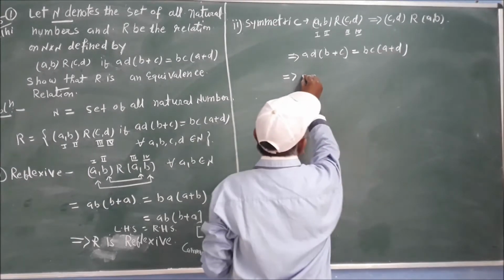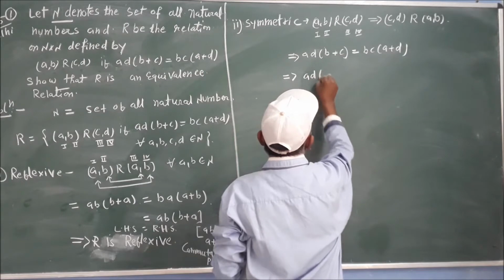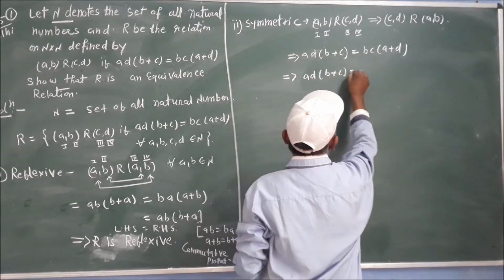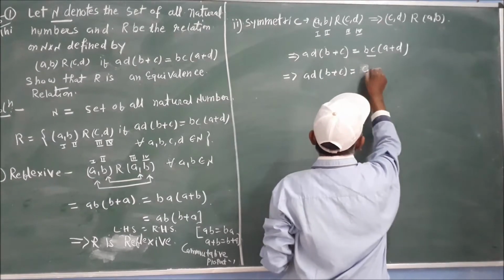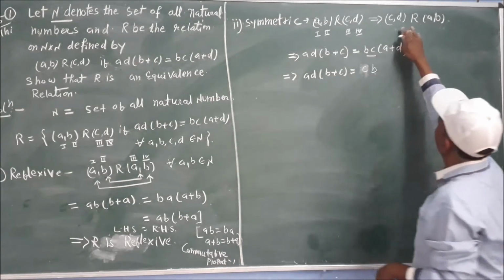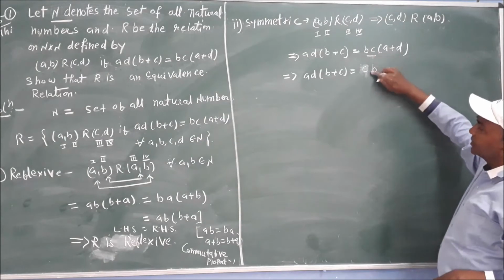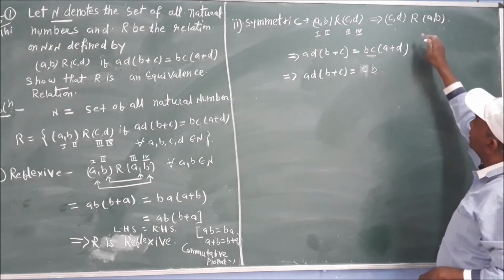So this can be written as AD into (B + C) is equal to, in place of this BC, can we write CB? Why? BC and CB are equal. See, commutative property.